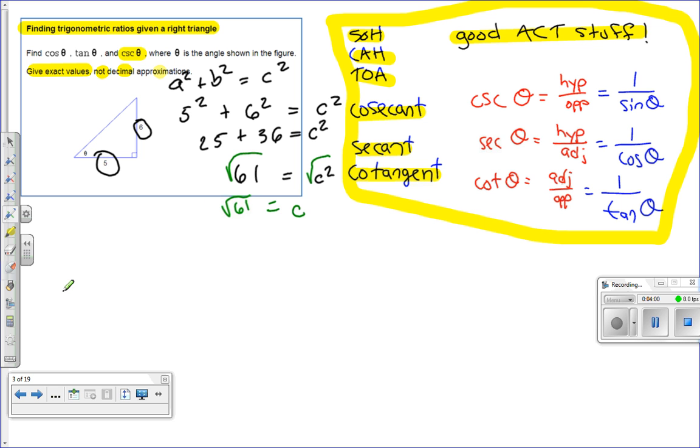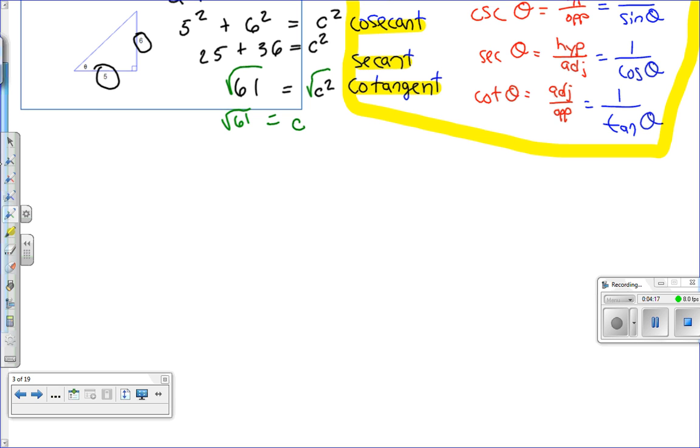All right, now let's take this to the problem. The problem says it wants cosine, it wants tangent, and it wants cosecant, okay? So let's fill that all out. Like we said, this side is square root of 61. So cosine of theta is going to be equal to the adjacent over the hypotenuse.